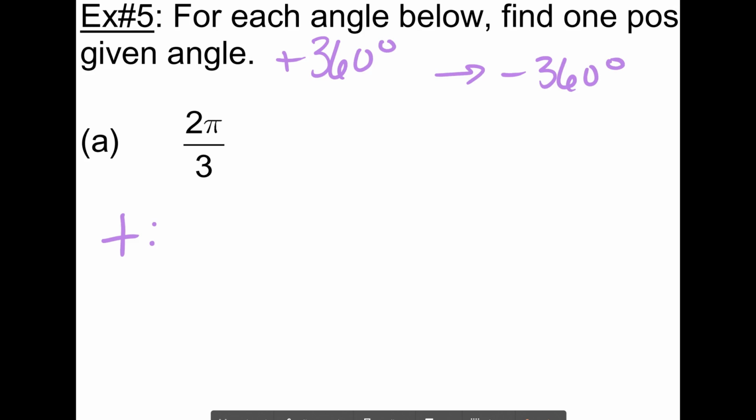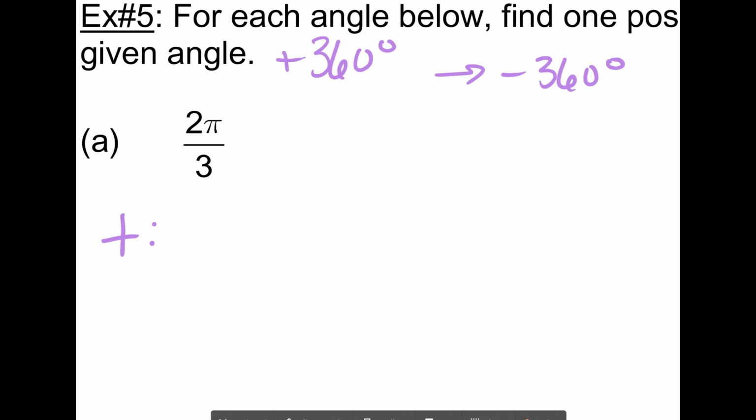So what should we use for radian measures? Chloe, do you know? What should I be adding? So I'm adding degrees with the radian. What would be easier? Add or subtract? So what is the radian equivalent of 360 degrees? So radian equivalent.